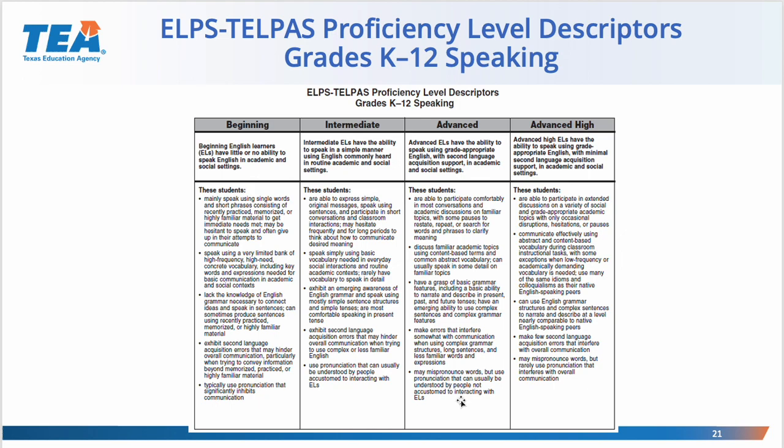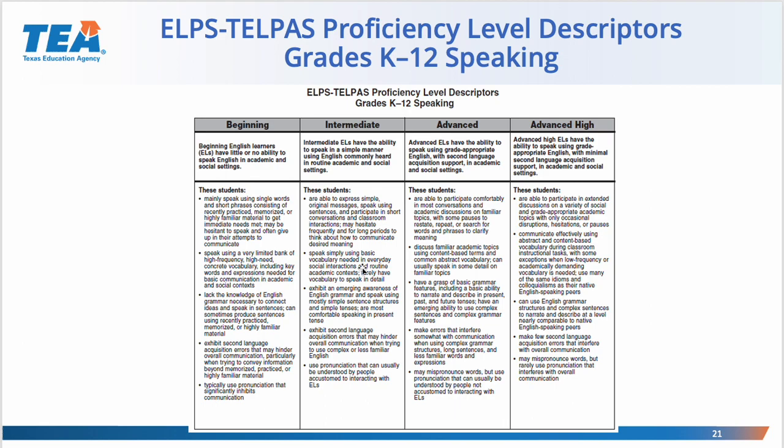So we talked about the BICS versus the CALP, right? Here in this second bullet point under intermediate, you'll see speak simply using basic vocabulary needed in everyday social interactions and routine academic concepts. So thinking about those routine academic contexts, there may be some routines, but they're academic.